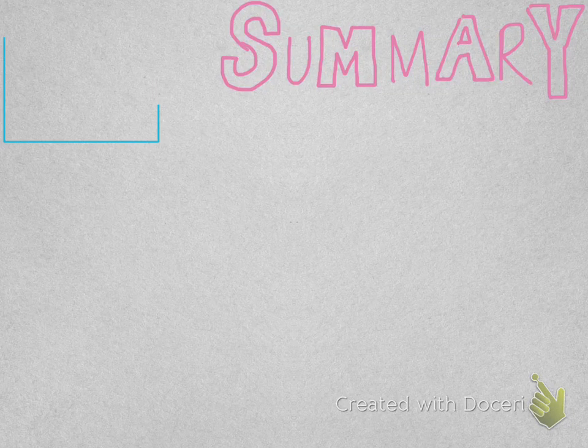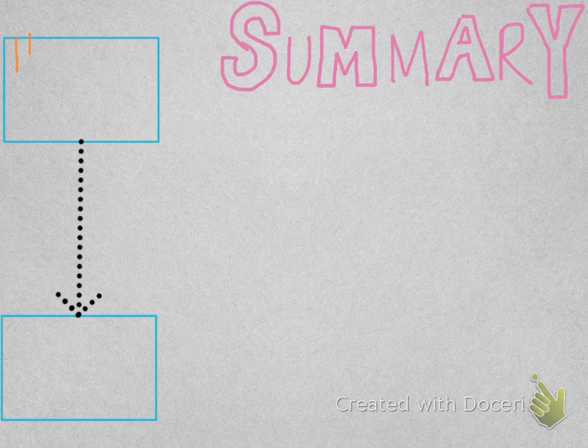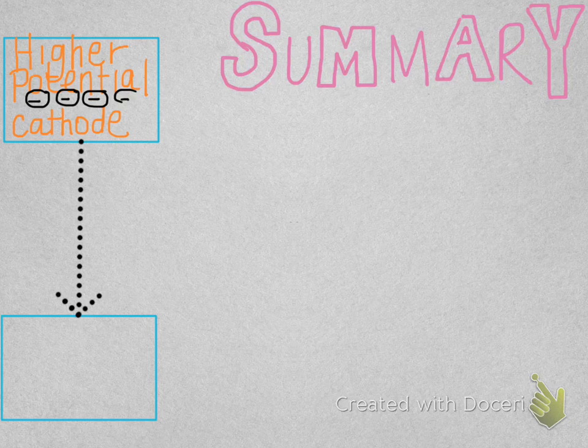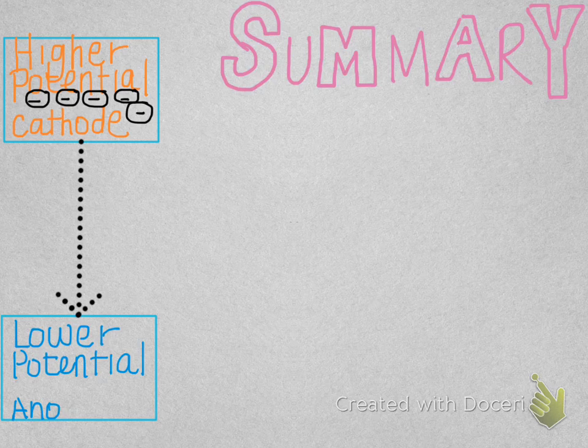In summary, electrons move from areas of higher potential to lower potential. Those higher potential areas begin in the cathodal area and tend to be more negatively charged, and they move to a lower potential area, known as the anode, which tends to be more positively charged.